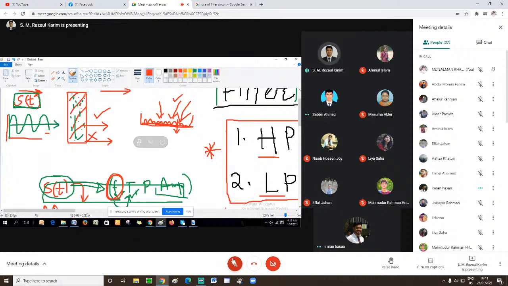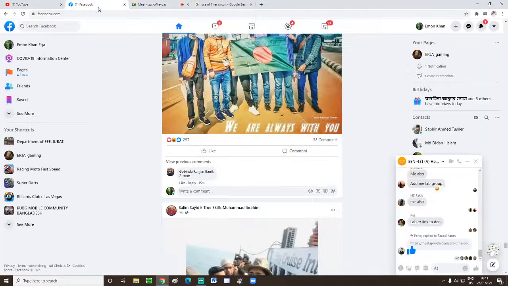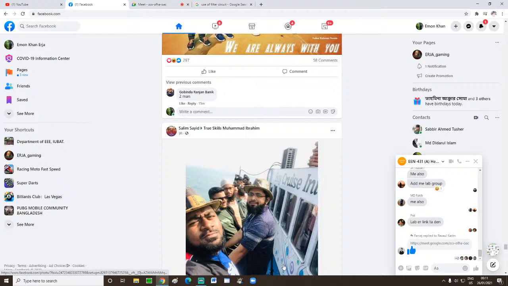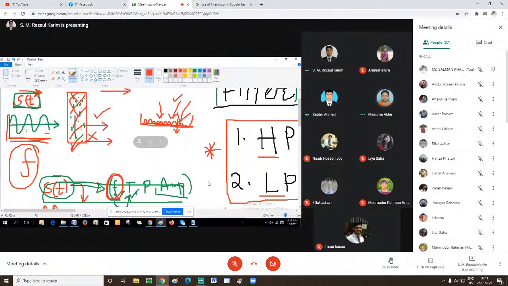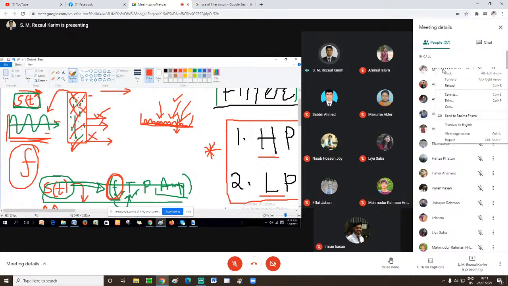In our electronics filter, the filtering mechanism depends on frequency. You understand? The filter will look at the frequency range and then decide whether this signal will pass through it or be blocked.